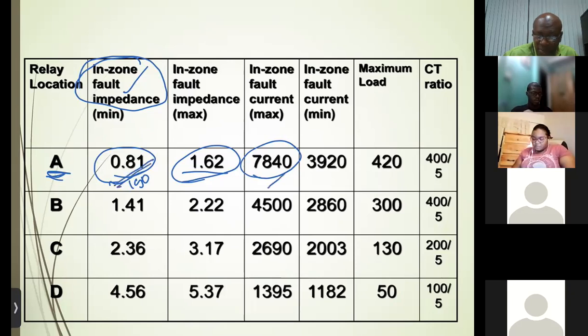And that gives us our 7840. Which therefore gives us our 3920 for minimum. So the maximum would correspond to the minimum impedance. X, X, double X, double X. All right?